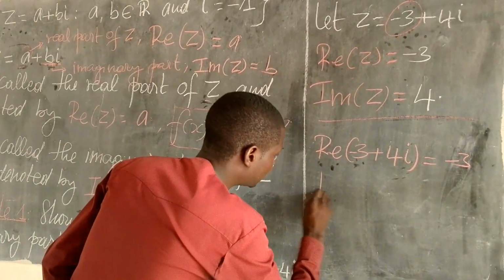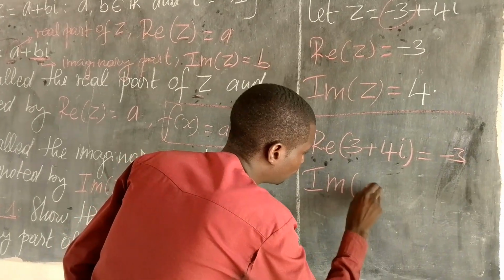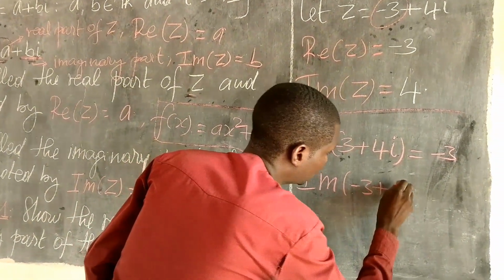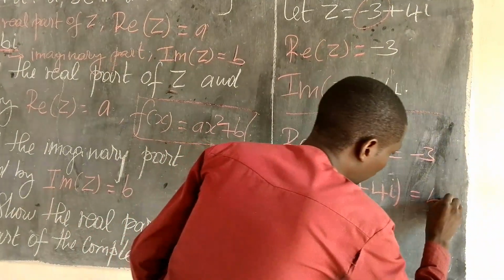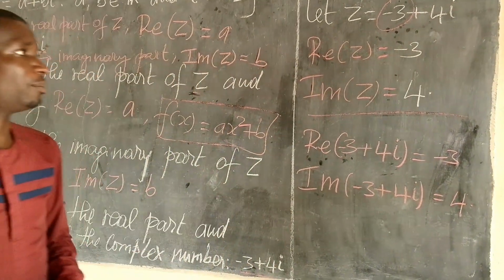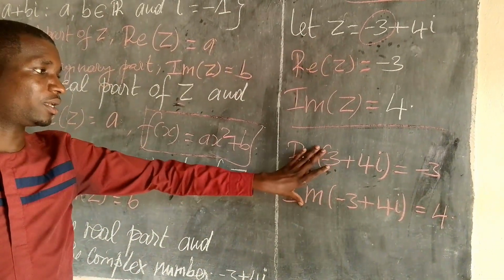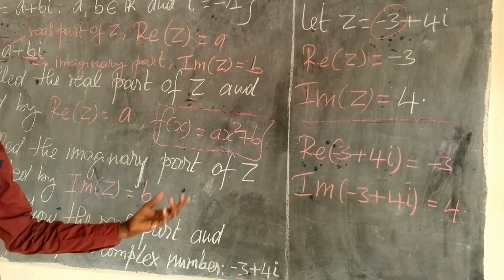The imaginary part of negative 3 plus 4i equals 4. They are the same. It is very easy.